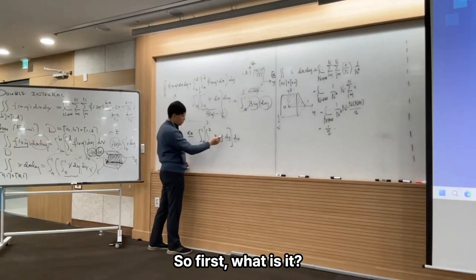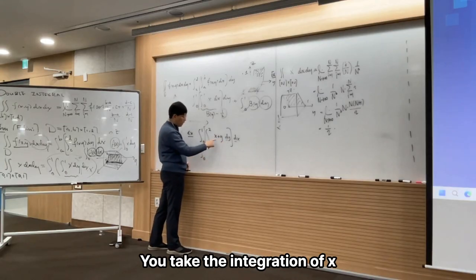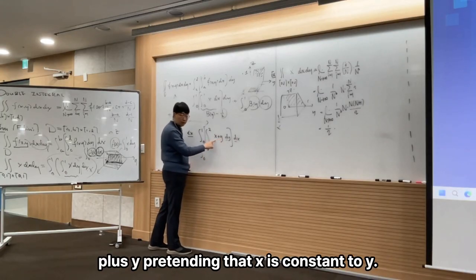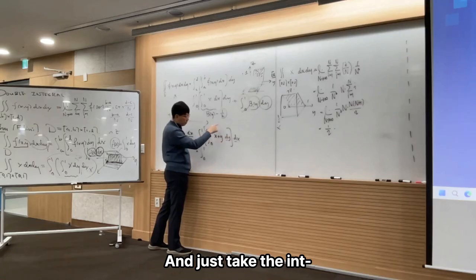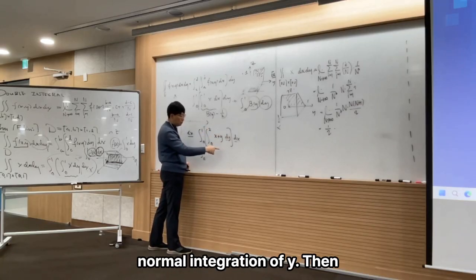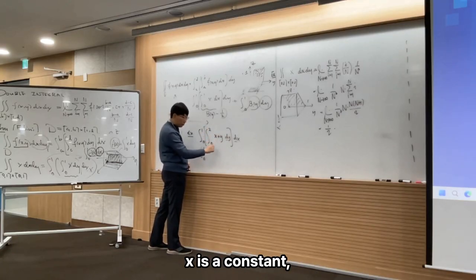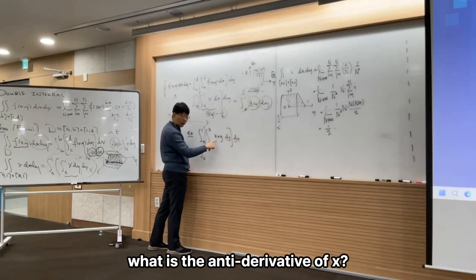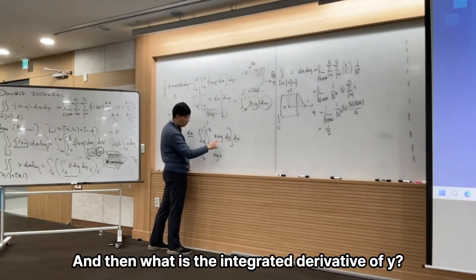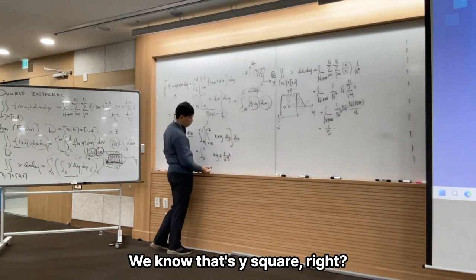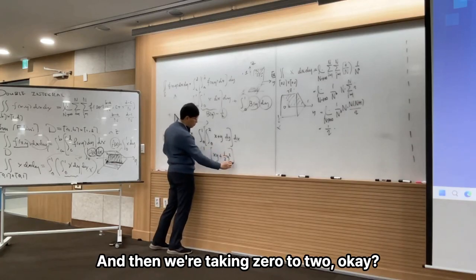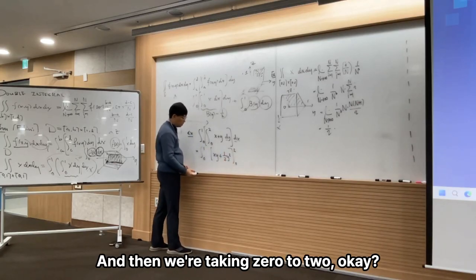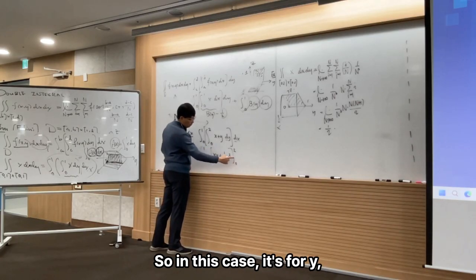So first, what is it? You take the integration of x plus y, pretending that x is a constant, and just take the normal integration in y. What is the antiderivative of x? Yes, xy. And what is the antiderivative of y? We know that's y squared over 2, right? And then we're taking 0 to 2. In this case, it's for y.